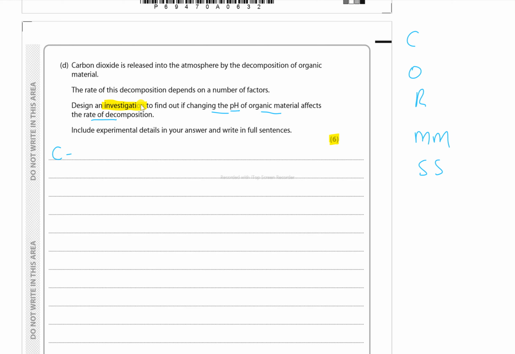So I will set up a range of pH values of organic matter.